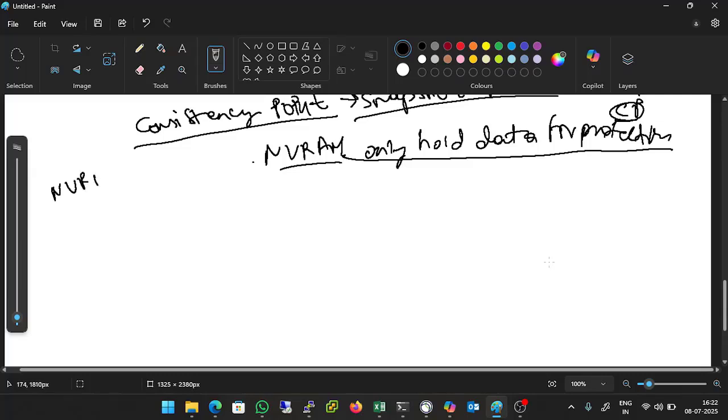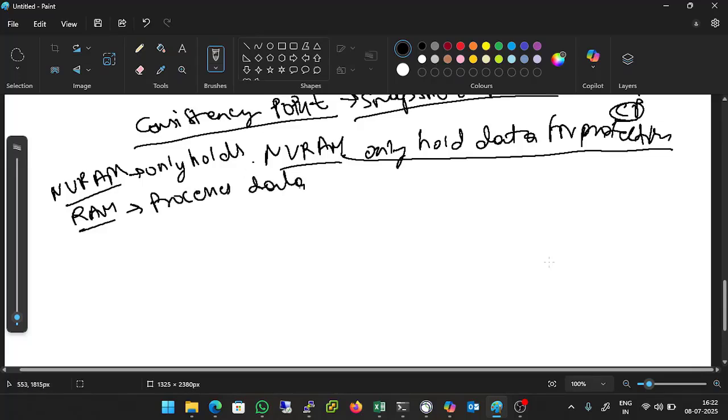My NVRAM only holds, RAM processes data. Okay, so this makes the point clear: your NVRAM doesn't write the data to the disk. Only your RAM processes the data and writes the data to the disk. Okay. This is the one thing that every storage engineer who is using NetApp should understand: only your RAM processes the data.